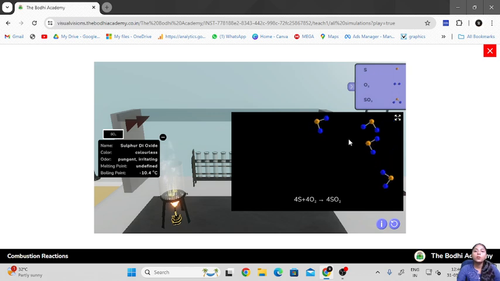The molecule that is formed here is sulfur dioxide. After the reaction, it is colorless and it has a pungent, irritating odor. The melting point of sulfur dioxide is undefined, whereas the boiling point is minus 10.4 degrees Celsius. Here 4 moles of sulfur plus 4 moles of oxygen will give sulfur dioxide, 4 moles.